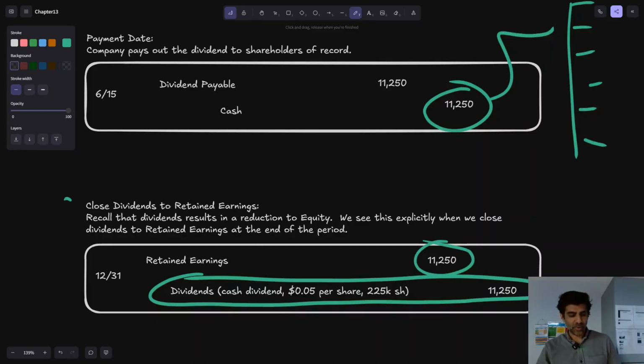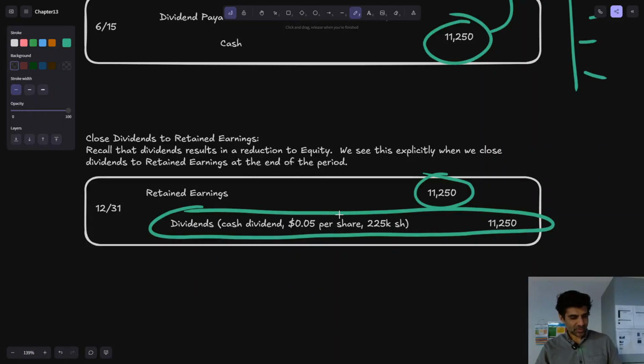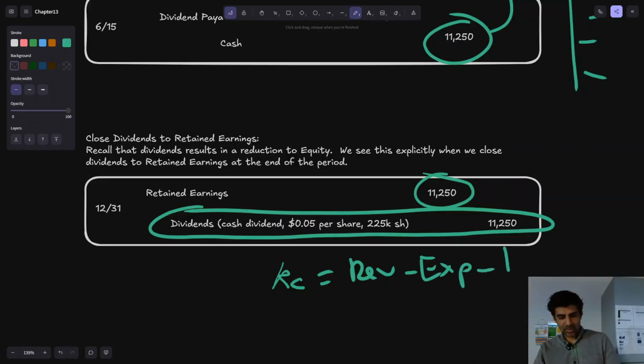Hopefully you all remember that retained earnings equals revenues minus expenses minus dividends. Retained earnings is a credit normal account, so a dividend is reducing retained earnings. Hopefully this is review; you should all remember this.